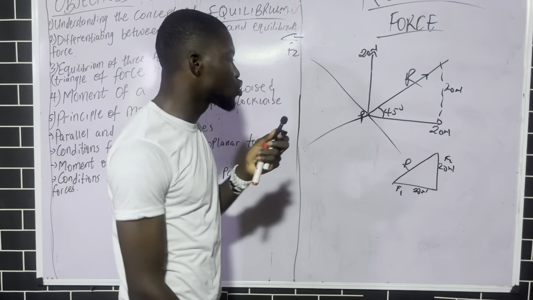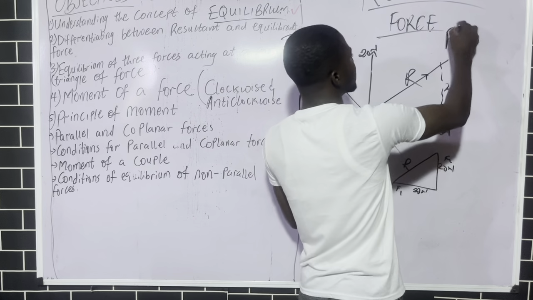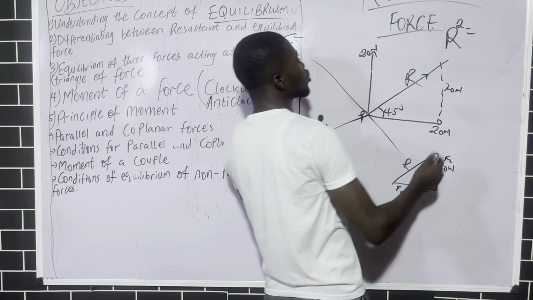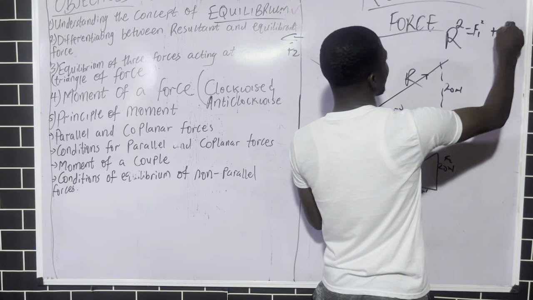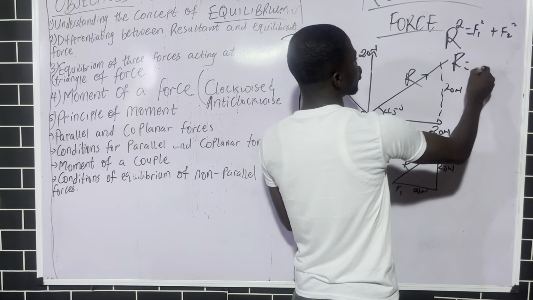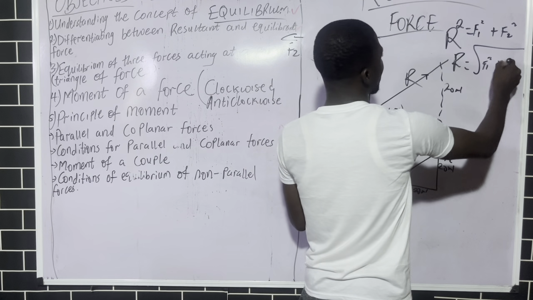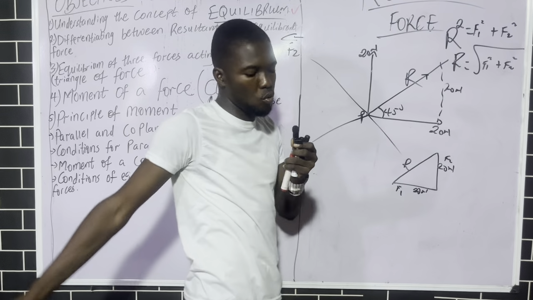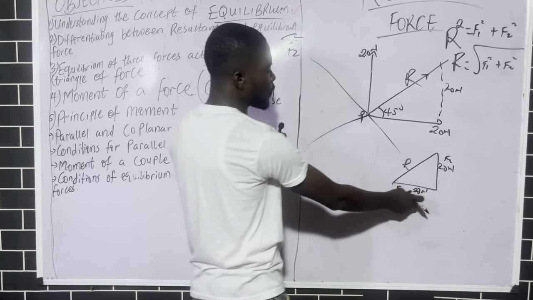So if we use Pythagoras theorem, our hypotenuse, in this case R, squared is equal to the sum of the squares of the two sides, F1 squared plus F2 squared, right? So if I want to find R, it will be equal to the square root of F1 squared plus F2 squared. This is the formula you used to see in your textbook most times. That's how they got it. So what is my F1 and F2? 20, 20.